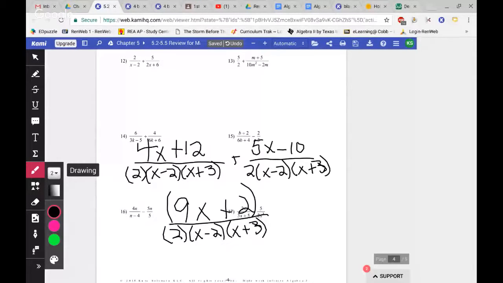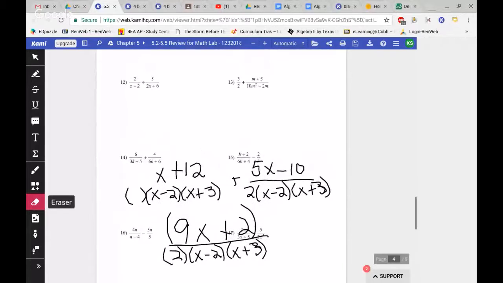The only way that you'd ever be able to get rid of a 2 is if a 2 factored out of your final answer. And I can't remember if we have one of those or not. Any other questions?